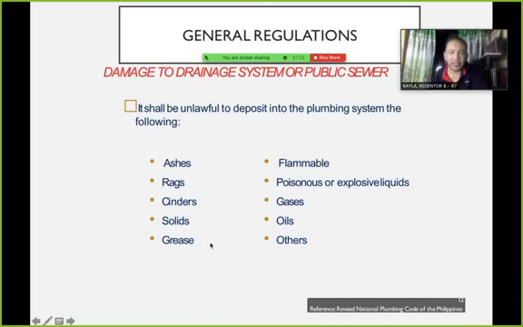So the grease will not go inside the drainage, but it has to go in the oil and grease interceptor. Flammable, poisonous or explosive liquid. Sometimes we throw away chemicals inside the toilet, so that will destroy the microorganisms in the wastewater treatment system. So we have the gases, oils, and others.